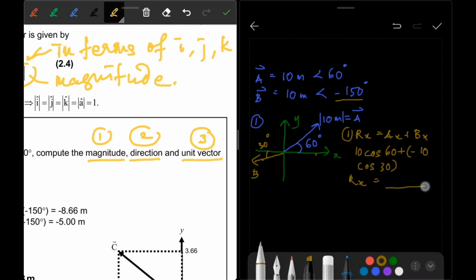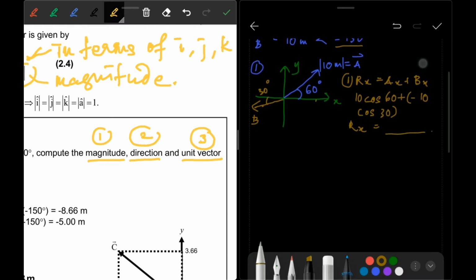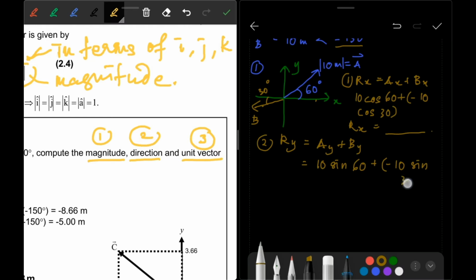And second, you have to find Ry, equal to Ay plus By. Here Ay will be 10 sine 60, and then plus, here you have to put minus because By is directed towards negative y-axis, so negative 10 sine 30. So here you will get Ry.